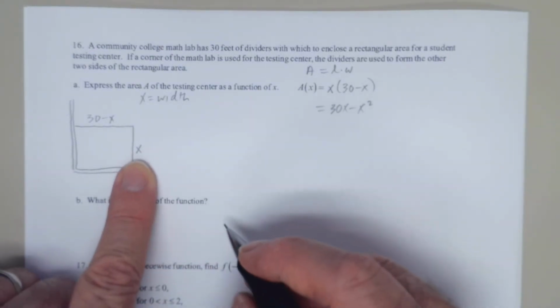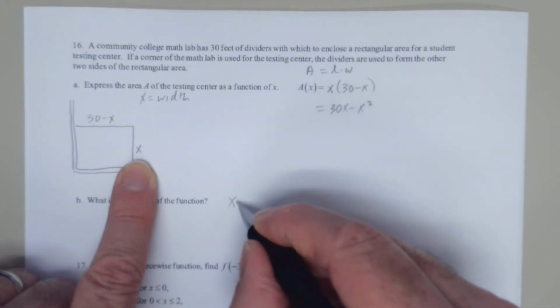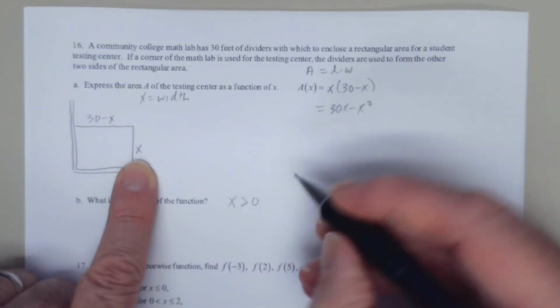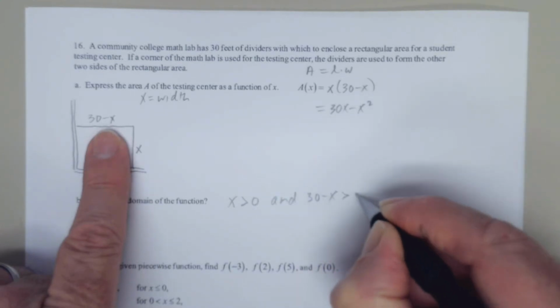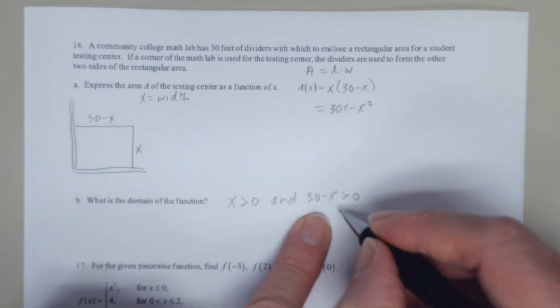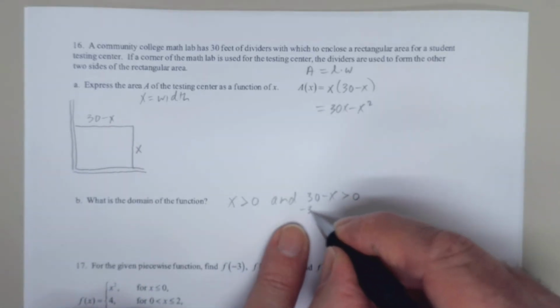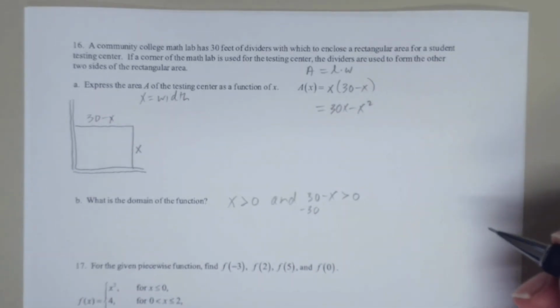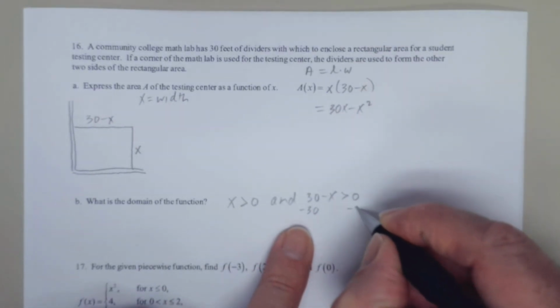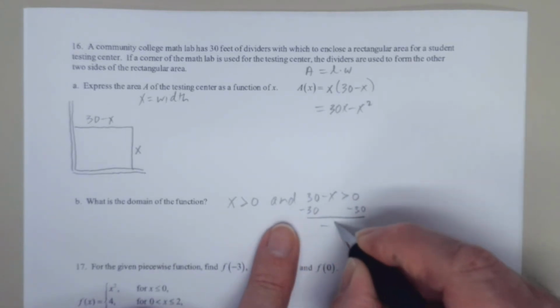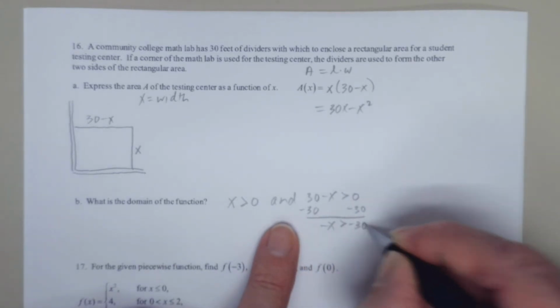Well, we know each of these sides has to be positive, so we know x is greater than 0. And we also know that 30 minus x is greater than 0. Now if we solve for x here, we subtract 30 and we get minus x is greater than negative 30.